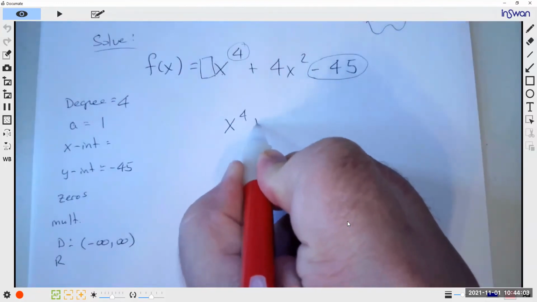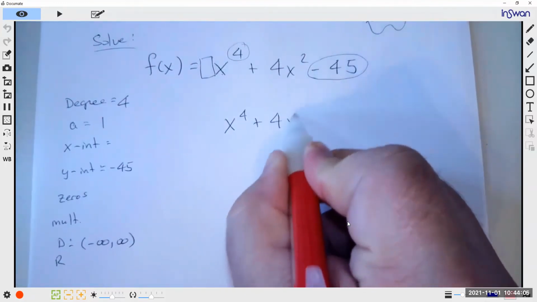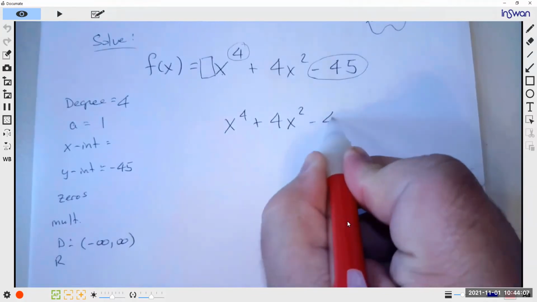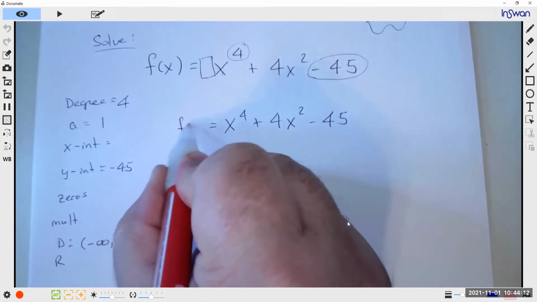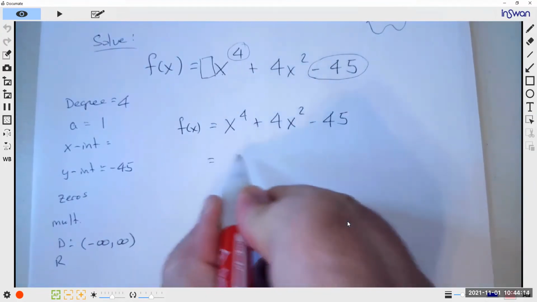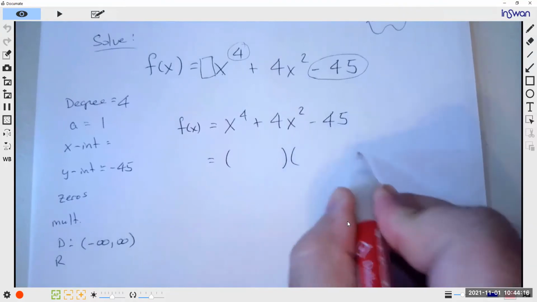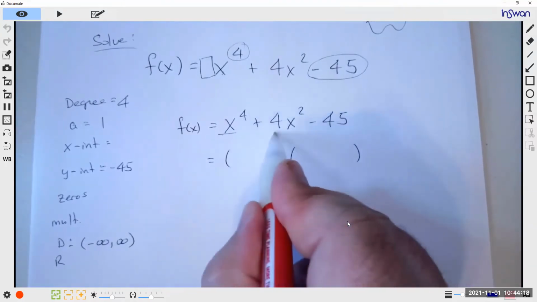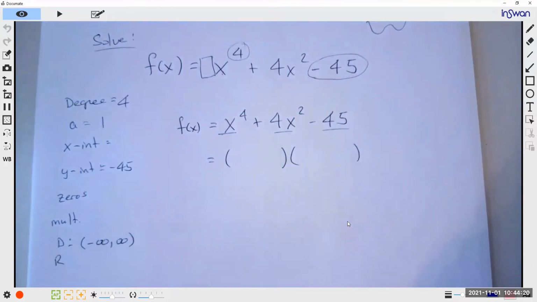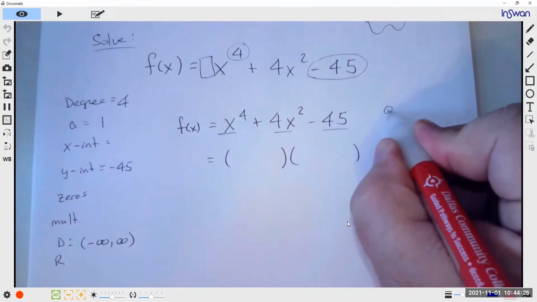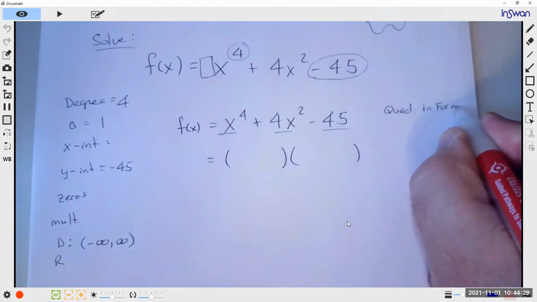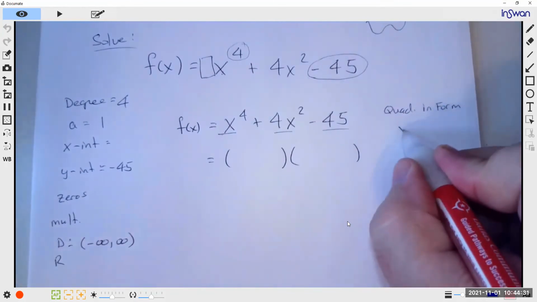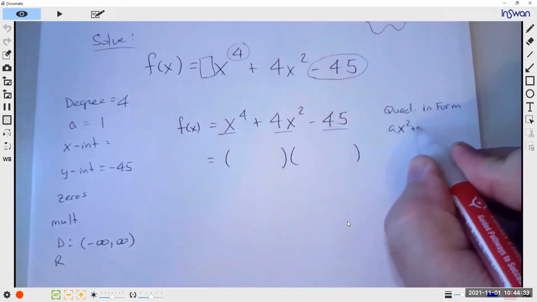So let's try to factor this one. Let's first try to factor it. Because it is a trinomial, there are 3 terms. It's quadratic in form. In other words, it looks like this.